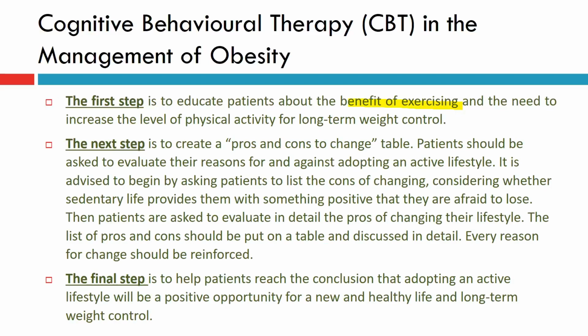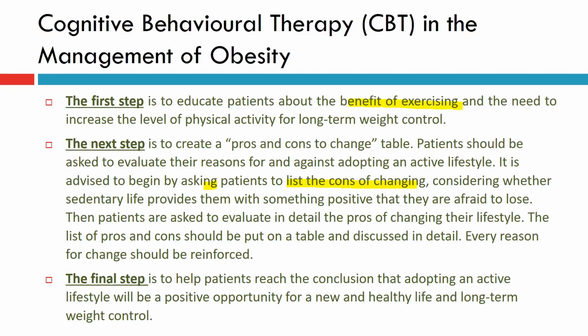The next step is to create a pros and cons of change table, and patients should be asked to evaluate their reasons for and against adopting an active lifestyle. It is advised to begin by asking the patients to list the cons of changing, considering whether a sedentary life provides them with something positive that they are afraid to lose.